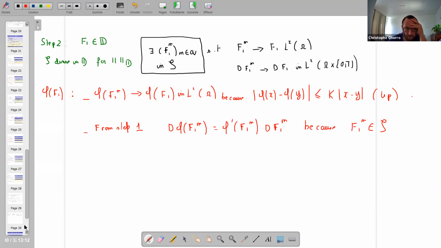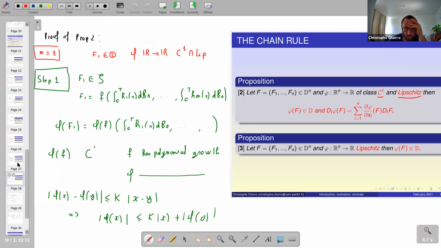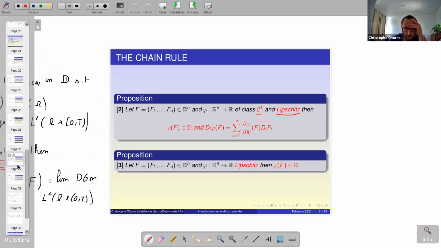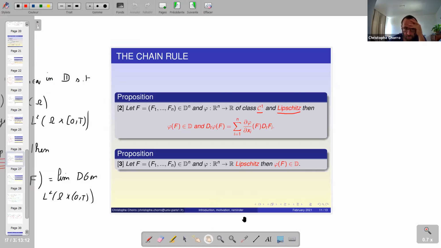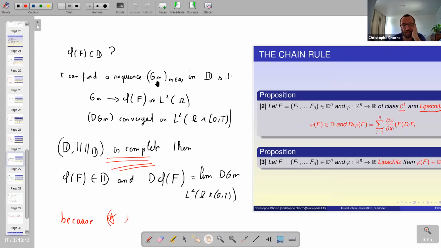So if you have understood what I have said just before, what I have done, this is my study plan here. I want to find a Gn in D that converges toward phi of F and such that D of Gn is convergent.